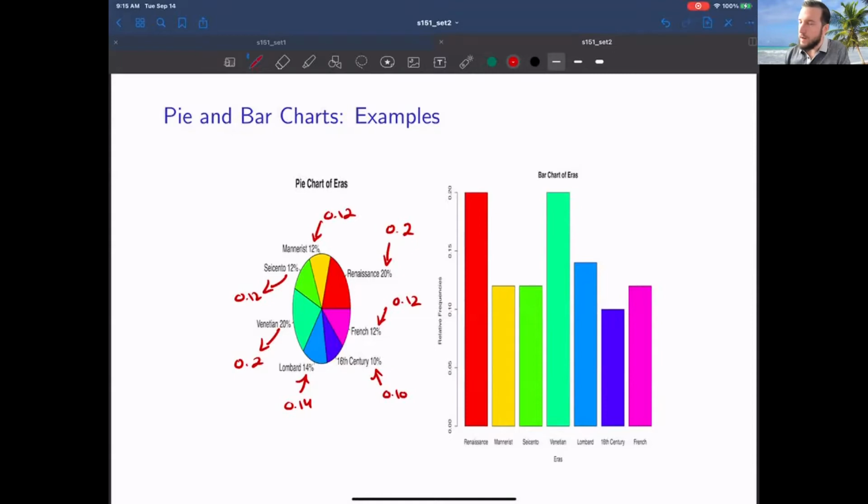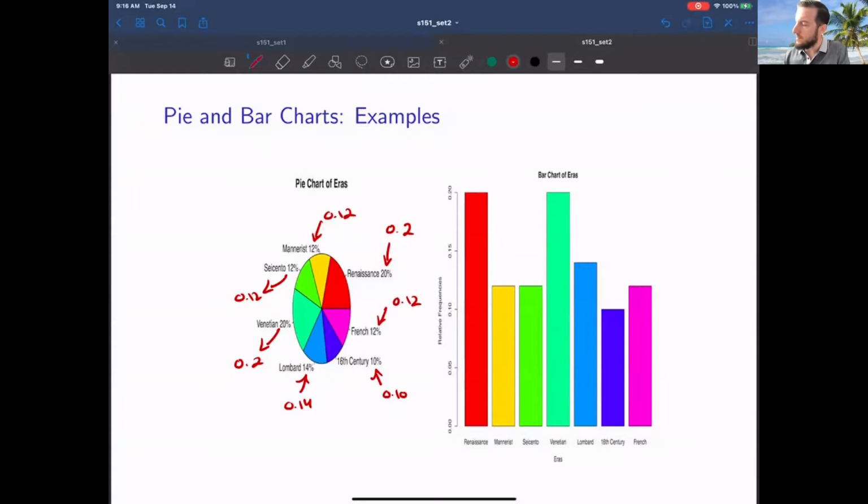You can see that the Renaissance, which has the largest relative frequency, has the largest slice in the circle. You can see that the French, the Mannerist, the Seicento, they all have the same relative frequency. So those 3 slices, the pink, the yellow, and the sort of highlight green, those are the same size.